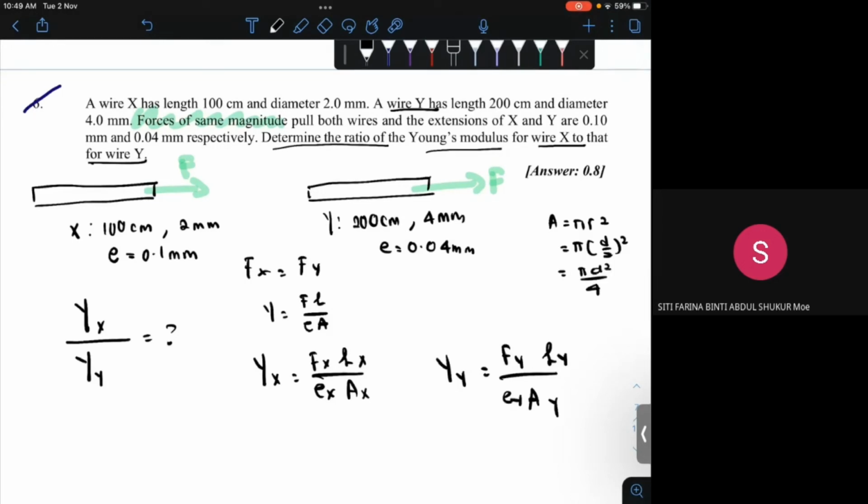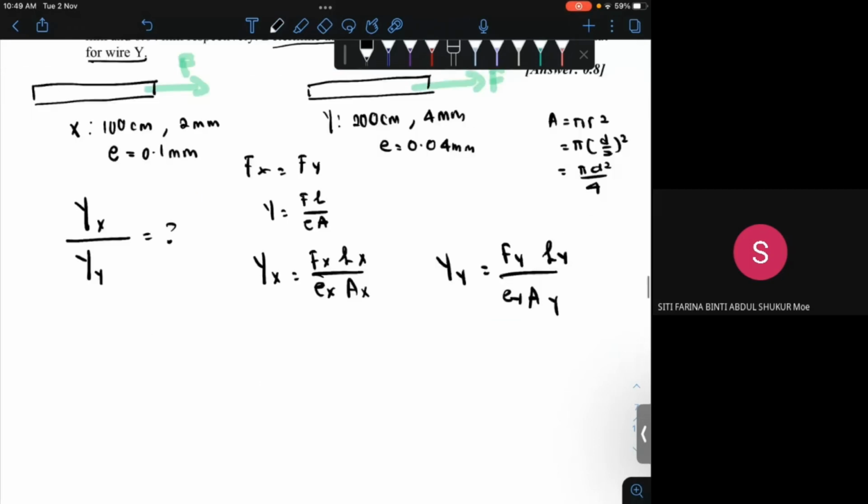Kenapa over 4? Sebab ada square dekat 2. Okay, you're squaring the d and you're squaring the 2 dekat bawah. So dia jadi pi d square over 4. So this is your area in terms of diameter. So bolehlah masukkan terus dekat sini sebab diberi diameter kepada kita. Okay, question gives us diameter.